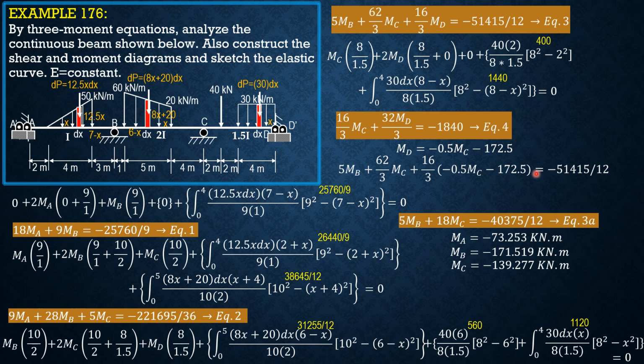So MD is equal to negative 102.862 kilonewton meter. So we bring this on the next slide. We run out of space here. Then solve for the reactions and shears at various sections.